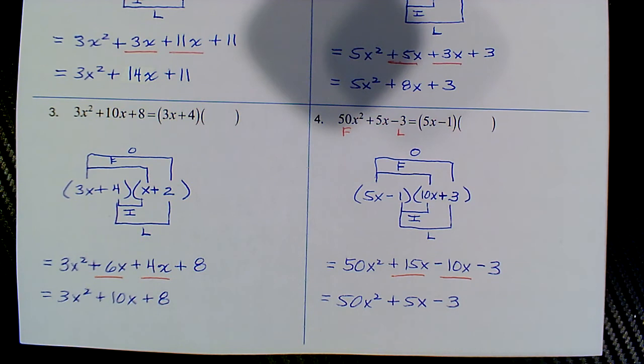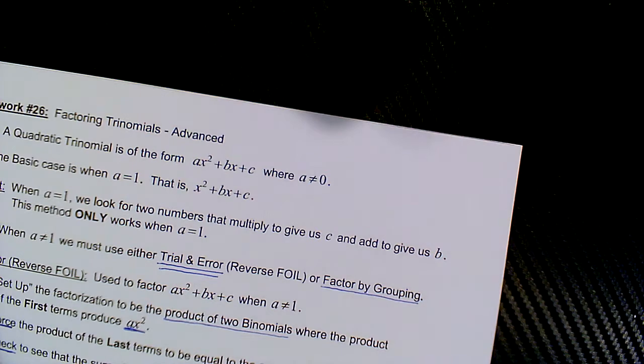So now our job is going to be, what if they don't give us a hint? Okay? And so that's where we have to sometimes use a little thought, do a little trial and error.